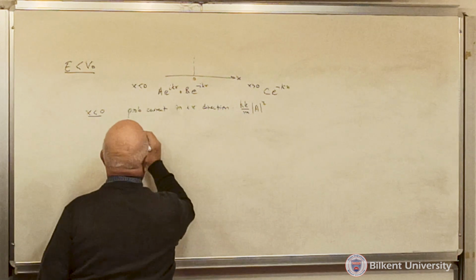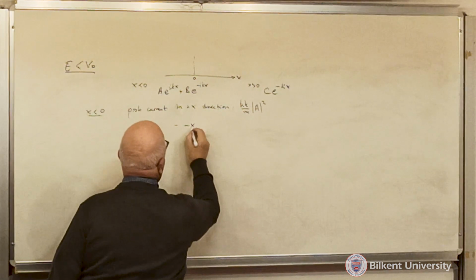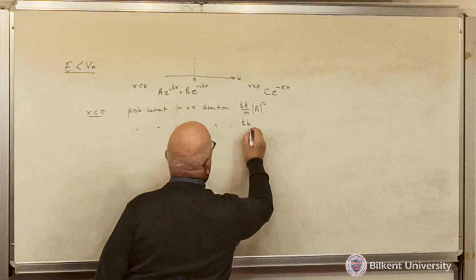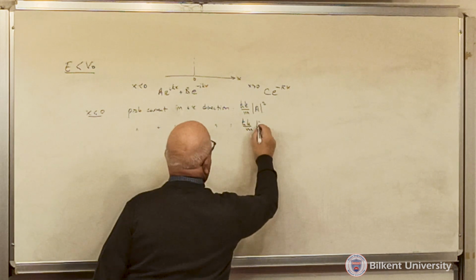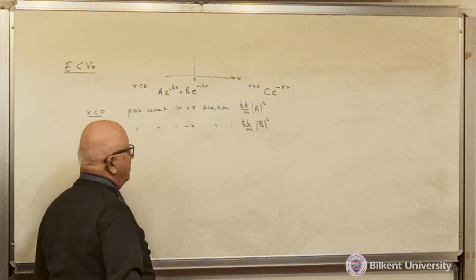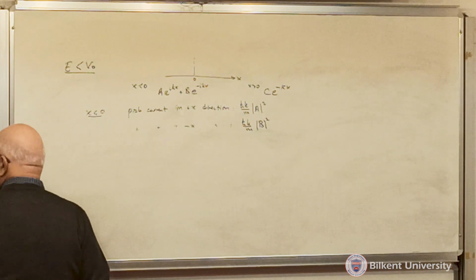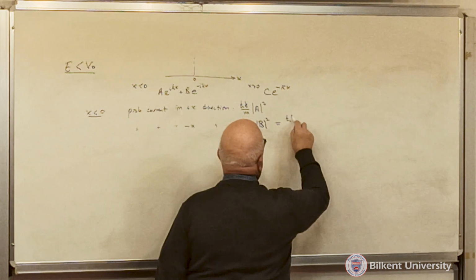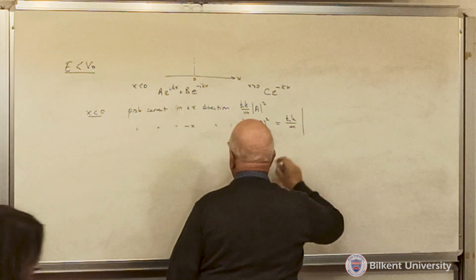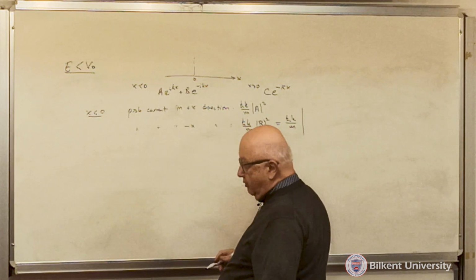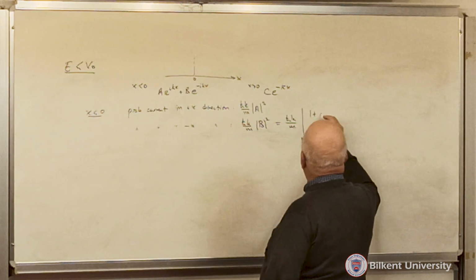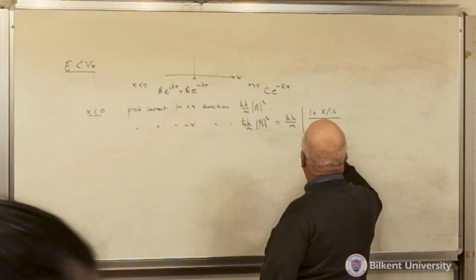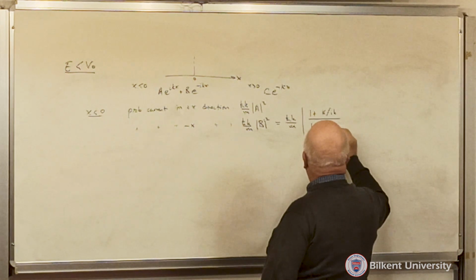The probability current in the minus x direction is going to be h bar k over m times the magnitude of b squared. So let's look at what the magnitude of b squared is. It's going to be h bar k over m times the magnitude of 1 plus k over ik divided by 1 minus k over ik.